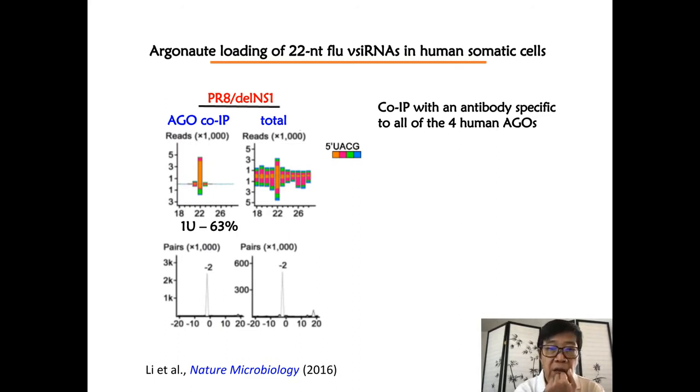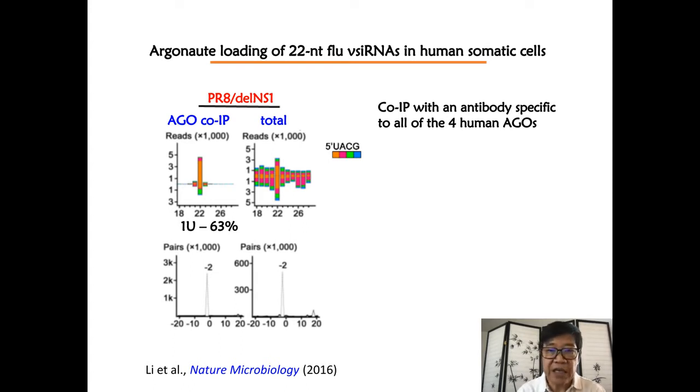We further sequenced small RNAs in the Argonaute complex immunoprecipitated by an antibody specific to all four human Argonaute proteins. Shown at the left of this panel are total small RNA sequences from the Argonaute complexes.